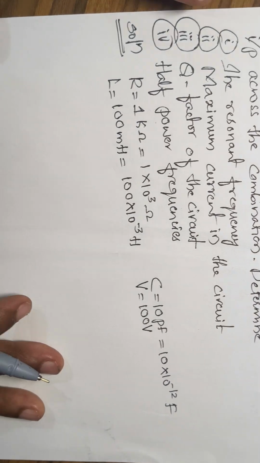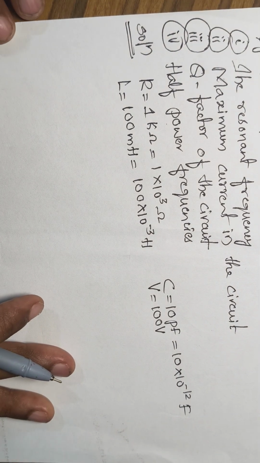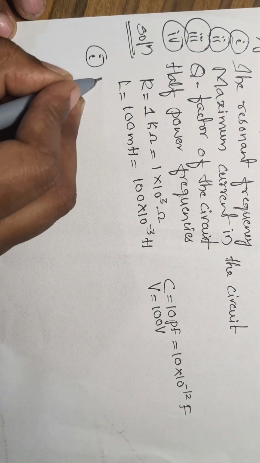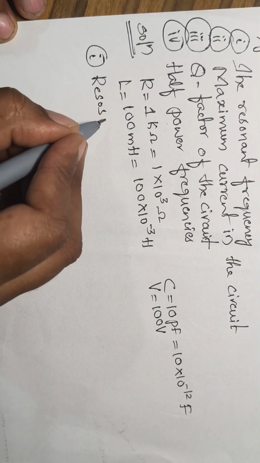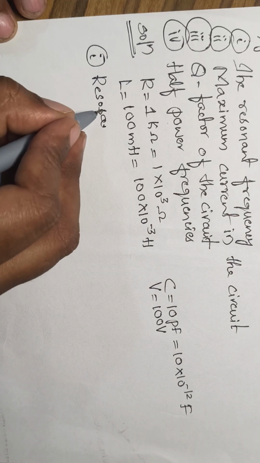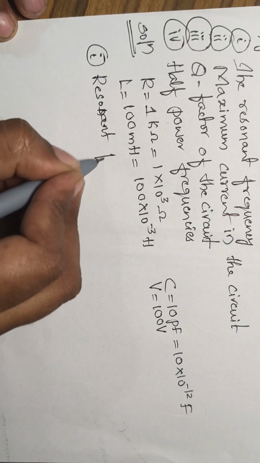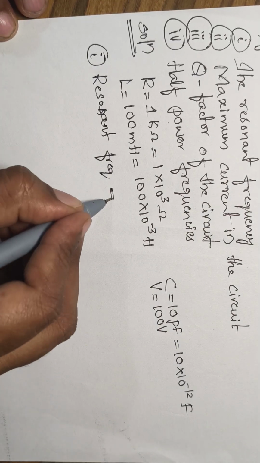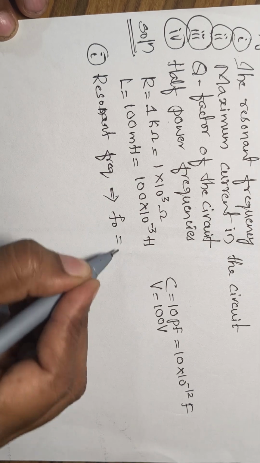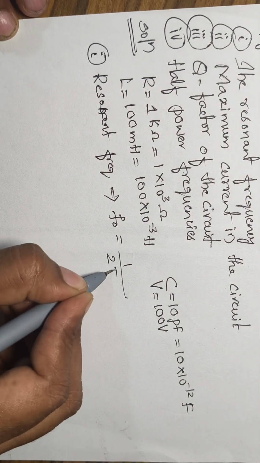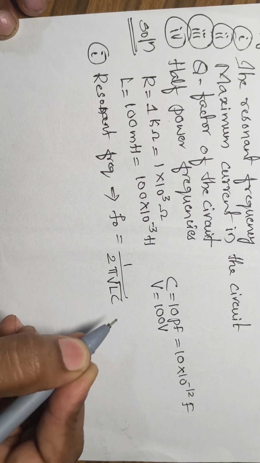What you have to find out first is the resonant frequency, which is given by f naught is equal to 1 divided by 2 pi square root of LC.